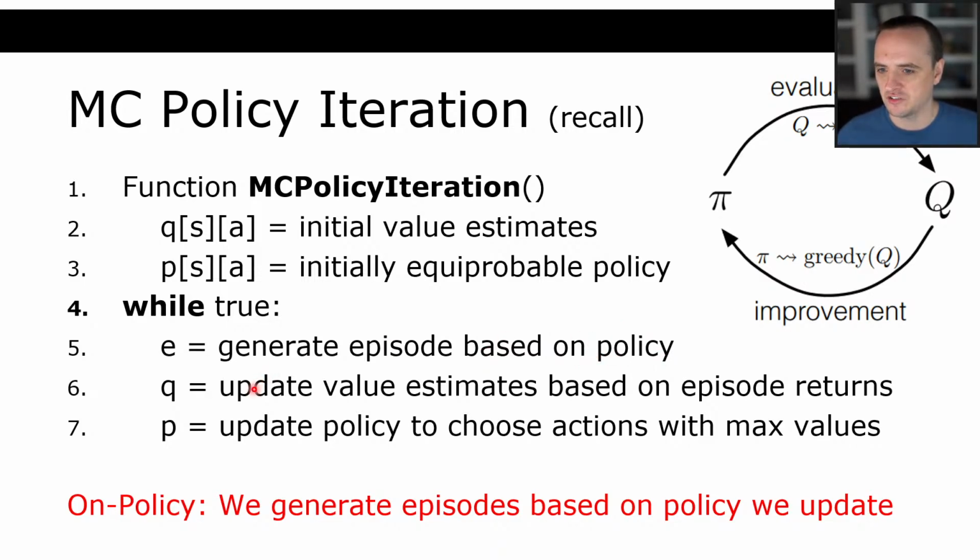We updated our estimates, and then we updated that same policy. And we update that policy and then use the new version of that policy to generate the next episode. So the important part here is that we generate the episodes based on the policy that we're also updating, and that's called on-policy learning because we're using the same policy.